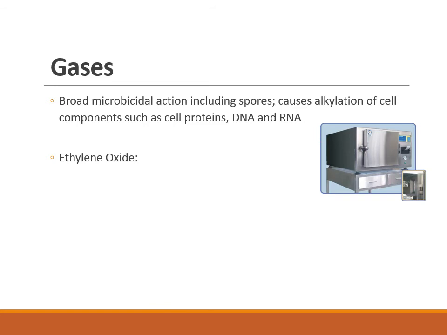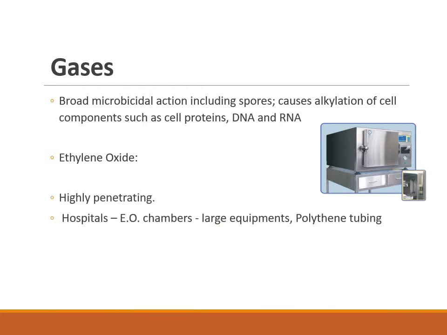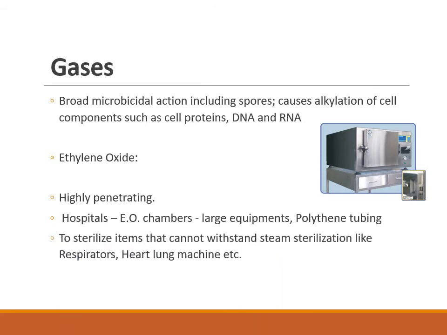The important and most frequently asked question is ethylene oxide, which is a highly penetrating gas used in hospitals in EO chambers, for large equipment and polythene tubing. It is useful to sterilize items that cannot be sterilized in the autoclave, for example respirators and heart-lung machines.